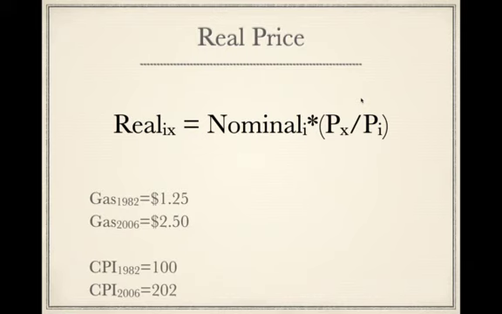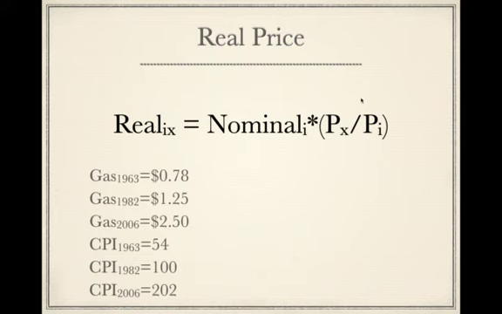So what I'd like you to do is take a moment, and I'm going to fill in two more pieces here. I will stop the video here in a moment, and I would like you to convert the price of a gallon of gasoline here.